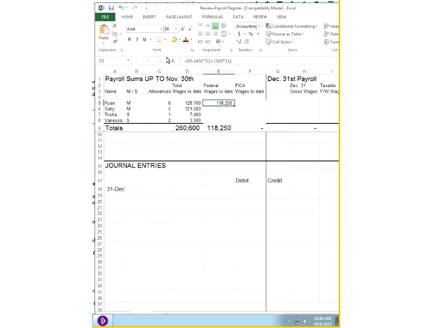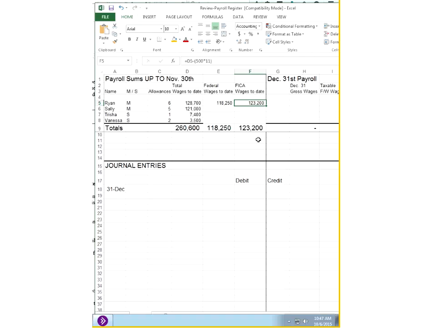For the FICA, it's going to be just the same as this, except FICA is actually going to tax that 401k amount. They don't take it out. So we would have this and then minus only the 500 for medical premiums times 11 months.